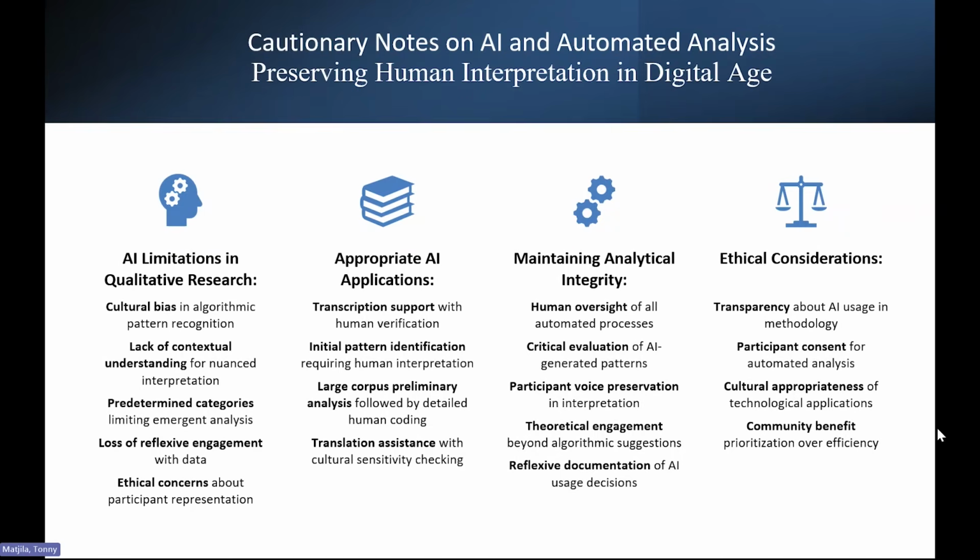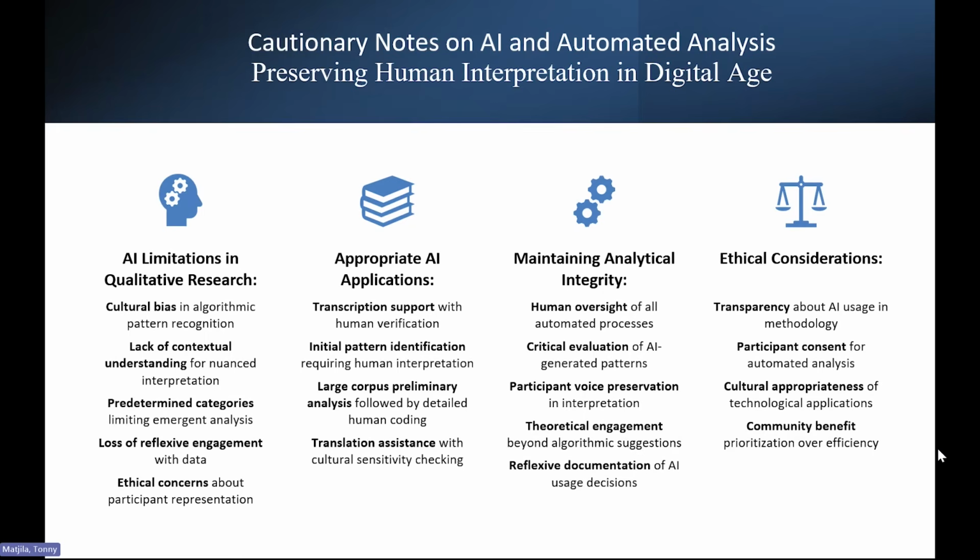So a good transcription can support and improve efficiency, but it always requires human verification for accuracy and also cultural sensitivity. So never rely solely on AI-generated patterns, but we always emphasize that you treat them as preliminary suggestions because they require rigorous human interpretation.